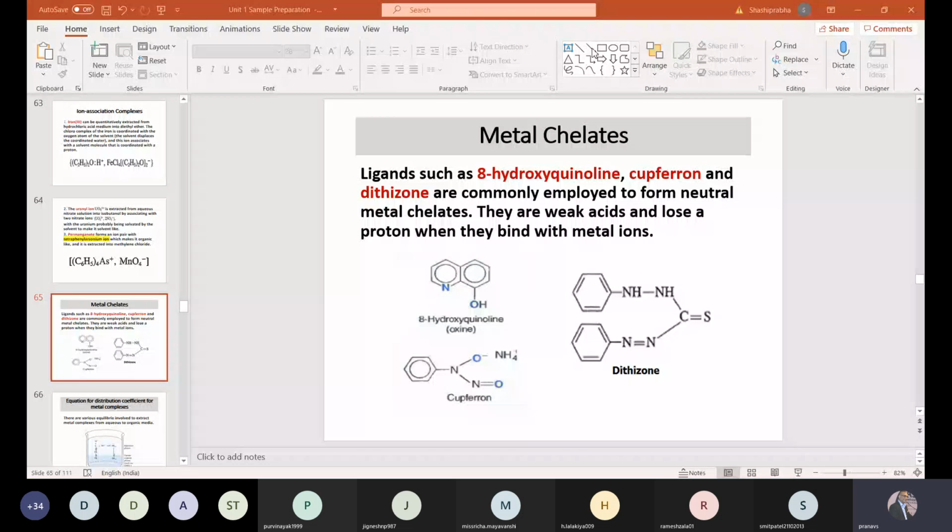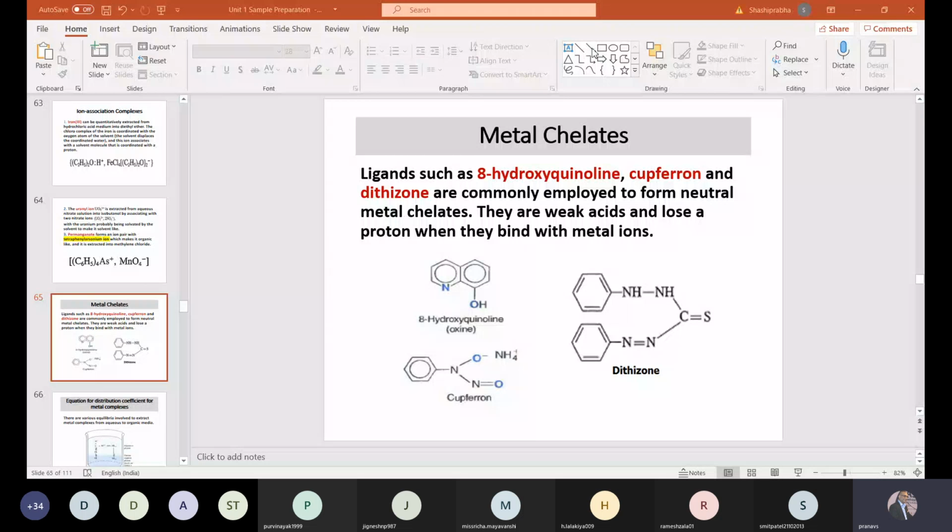Here there is no chance of substituting diethyl ether in the extraction of iron 3. If you wish to use toluene, for example, this doesn't happen. These are very specific examples, and one cannot alter anything in this. One can try with other ions as well, but you don't get as much success as was obtained with iron 3, and that too with diethyl ether.